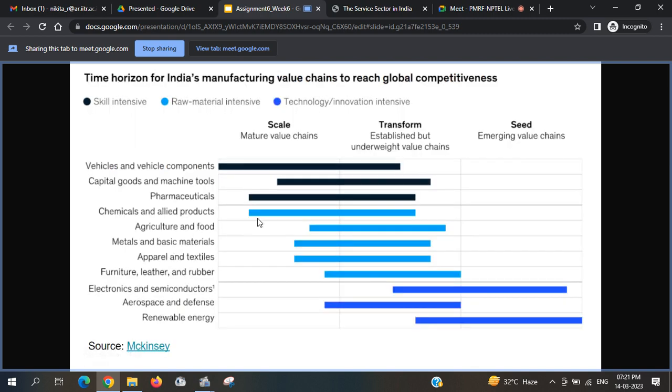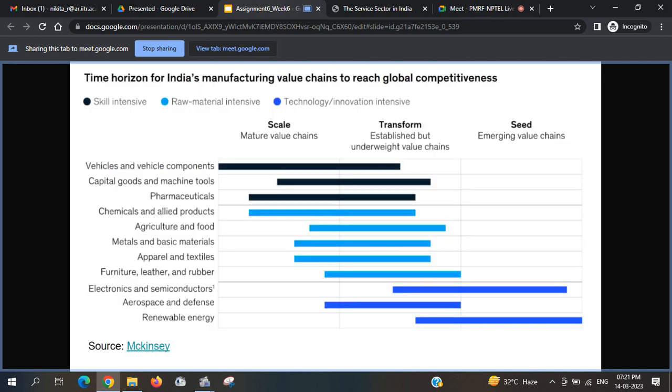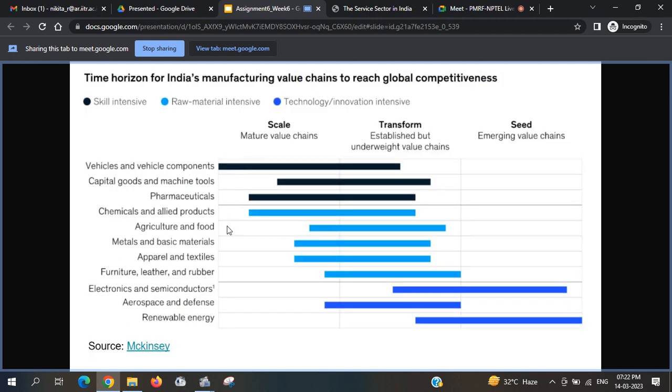So agriculture and food actually lie in raw material intensive value chains, so that is not our answer. Pharmaceuticals is our answer, as pharmaceutical is a skill intensive value chain. Apparel and textiles also lie in raw material intensive value chain, so again that is not our answer.